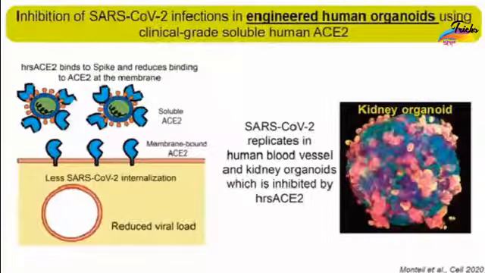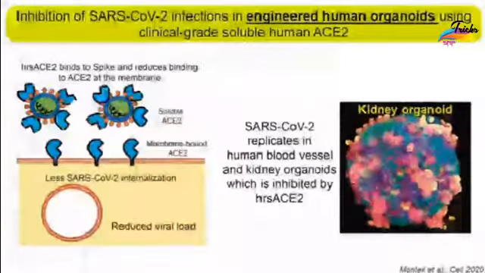We took advantage of blood vessel and kidney organoids to study early steps of SARS-CoV-2 replication in the cellular platforms, and also to test the utility of the human recombinant soluble ACE2, which at that moment was already tested in phase 1 and phase 2 trials.